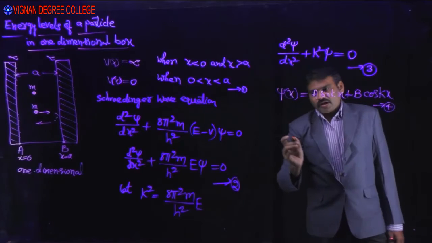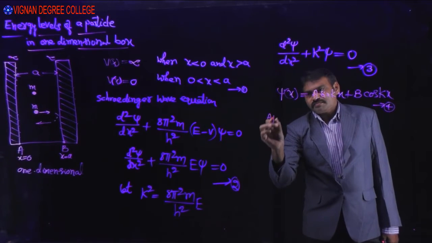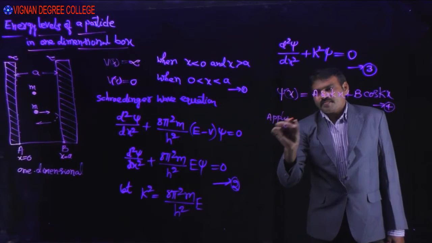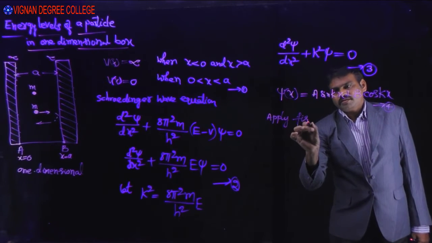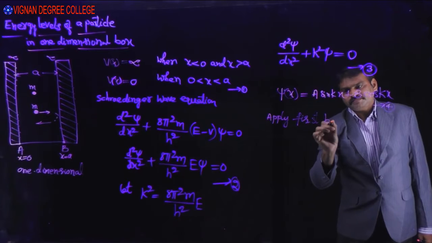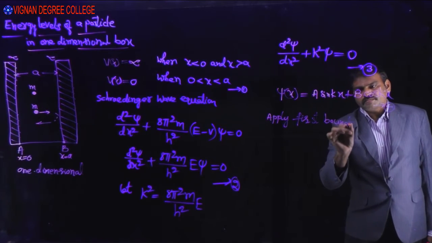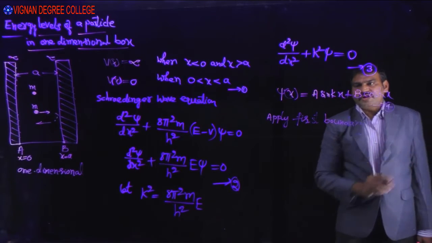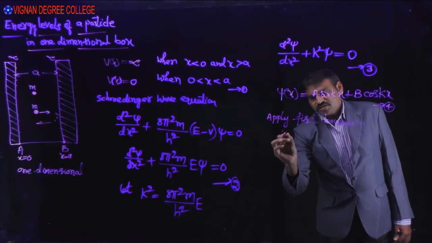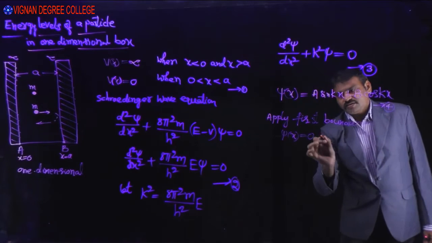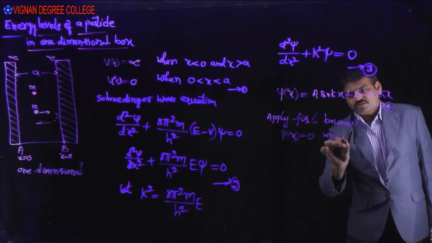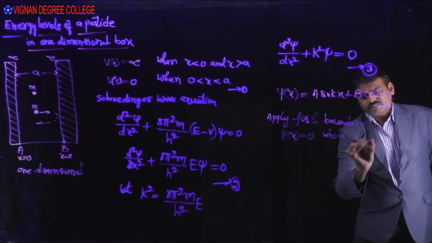So, apply the first boundary condition. The first boundary condition is psi of x is equal to 0 when x is equal to 0.